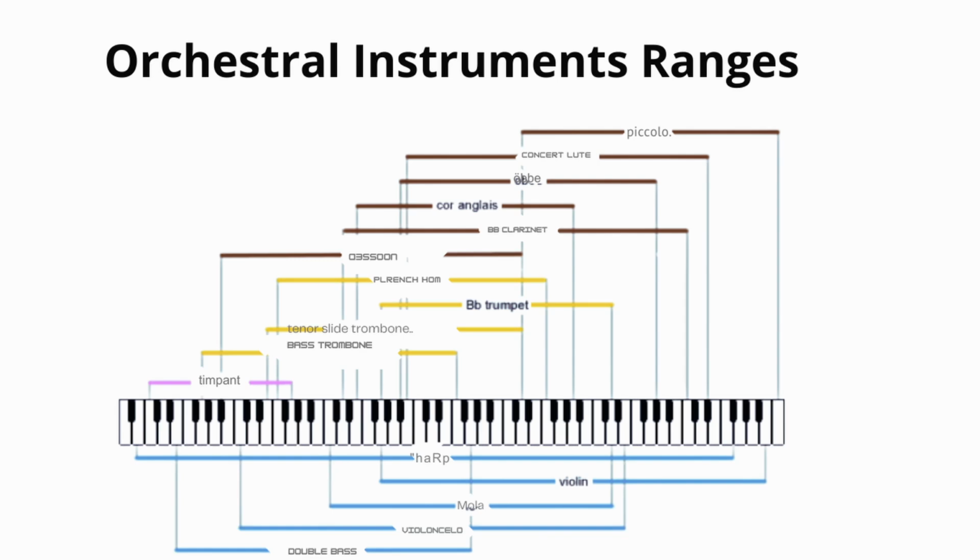Now, most instruments just get one staff because all of their notes can be written in that one staff. Piano gets 2 staffs, which we call grand staff, because piano has 88 keys and covers all notes of the instruments. If you see this diagram, you can see what I mean.